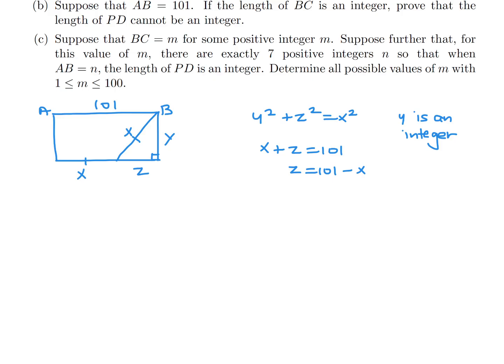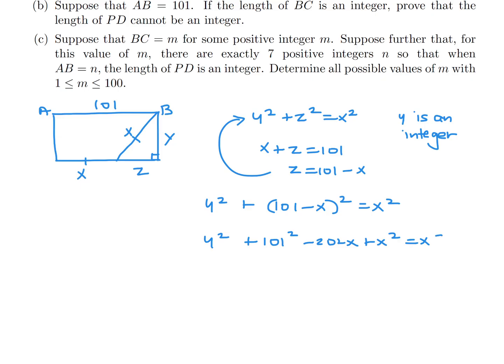So plug that in, and you'll get y squared plus 101 minus x all squared is equal to x squared. So this will be y squared plus 101 squared minus 202x plus x squared is equal to x squared. And then the x squareds cancel, so then we get just 202x equals y squared plus 101 squared.